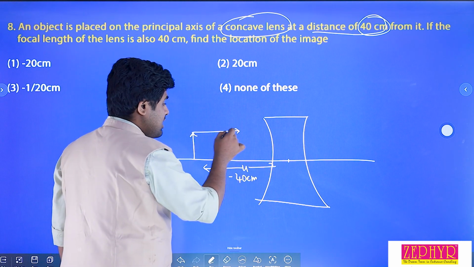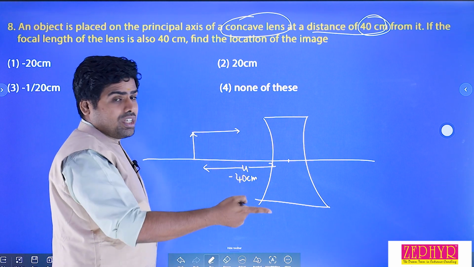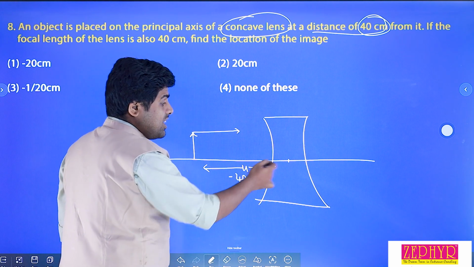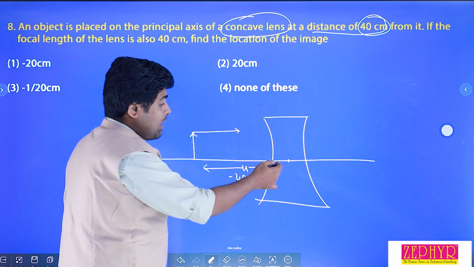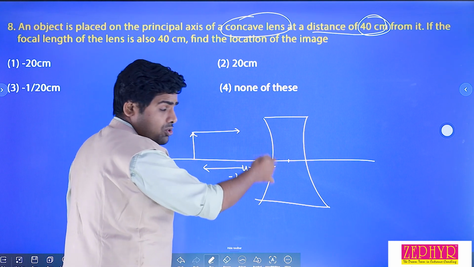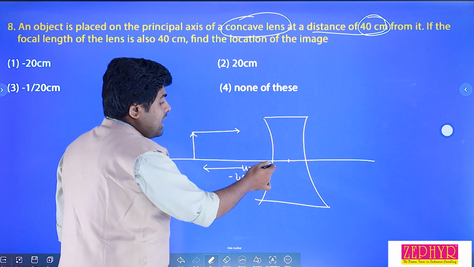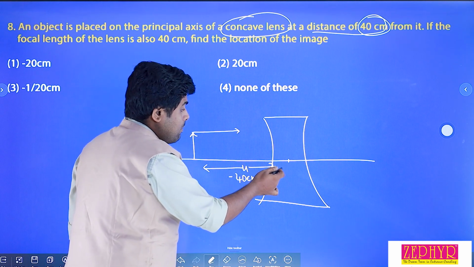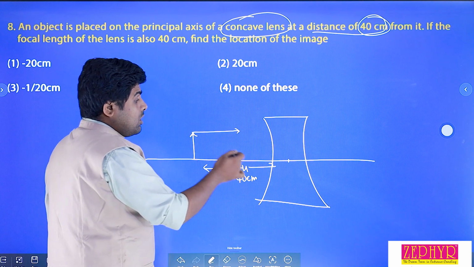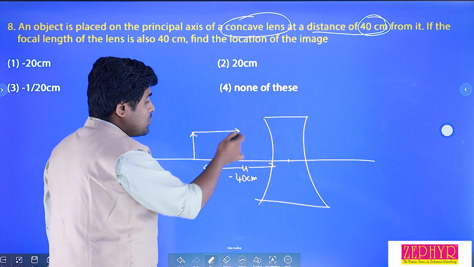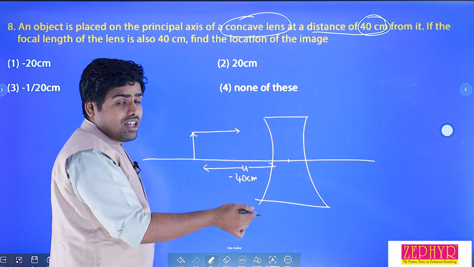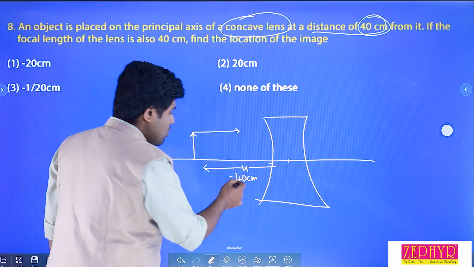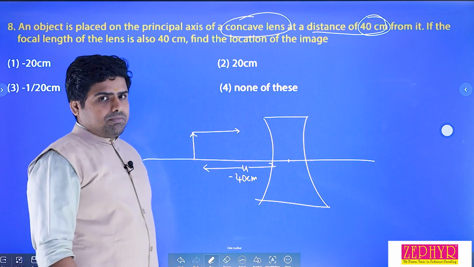We measure all the values from the lens or mirror. Therefore, here we measure the object distance from lens to object, so it is opposite to the direction of the incident light ray, so it is negative, right? So here it is minus 40 centimeter.